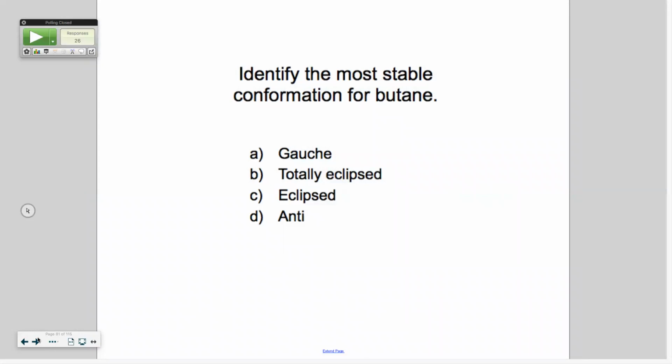Okay, identify the most stable conformation for butane. Let's see how fast we can do it. Already did it, right, Jessica? Yeah.